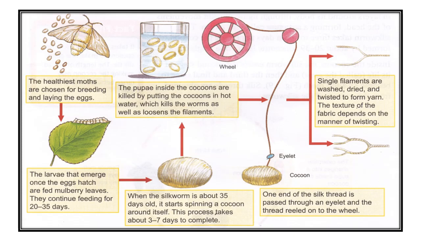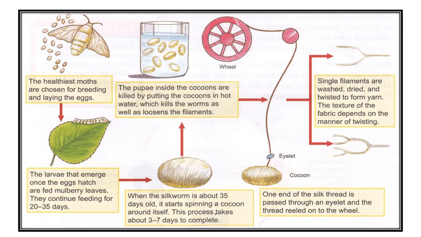They continue feeding for 20 to 35 days. When the silkworm is about 35 days old, it starts spinning a cocoon around itself. This process takes about 3 to 7 days to complete.